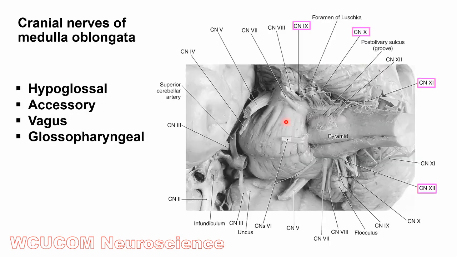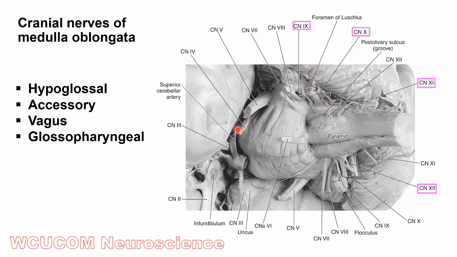So we'll tackle cranial nerves of medulla oblongata in this order. So you see exactly how they are attached. So you see that olive, and then of course attached to the preolivary sulcus is the various rootlets of cranial nerve 12, and then to the post-olivary sulcus you see 10 and 9.